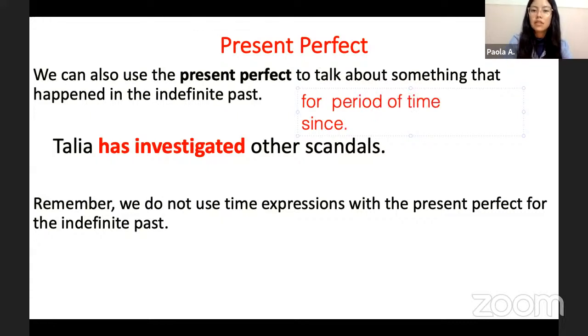And since, when it started. So we're adding this to the present perfect, no? For how long it happened, the period of time that happened, or since when it started, no? So we're adding that.